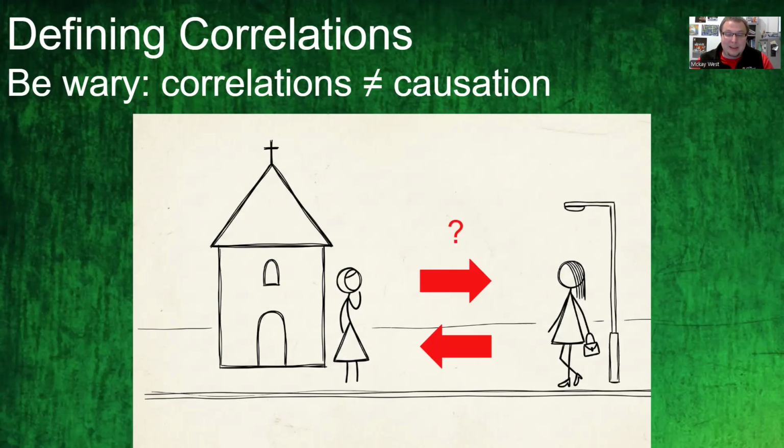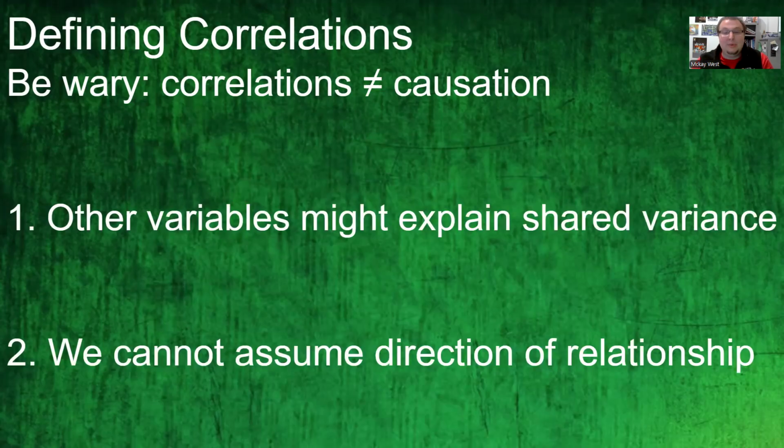And some of you might be saying, God, I'm having a hard time even believing that these two things are related. Well, that is one of the first things I want to remind us, these pitfalls to be wary of. Correlations do not equal causation, and a better way to understand that is twofold. First, we never know what other variables might also be impacting the relationship between the variables we're currently looking at.